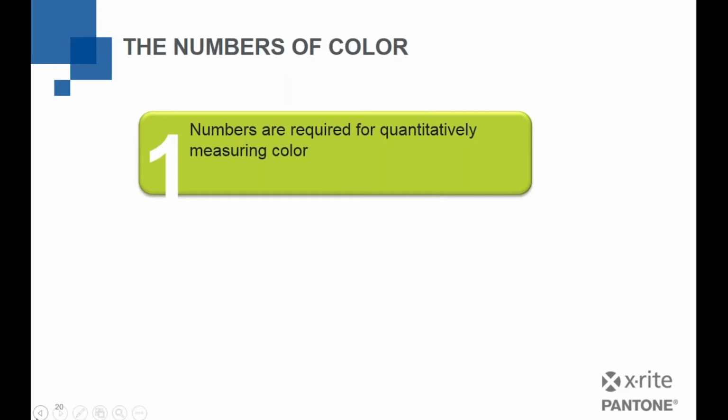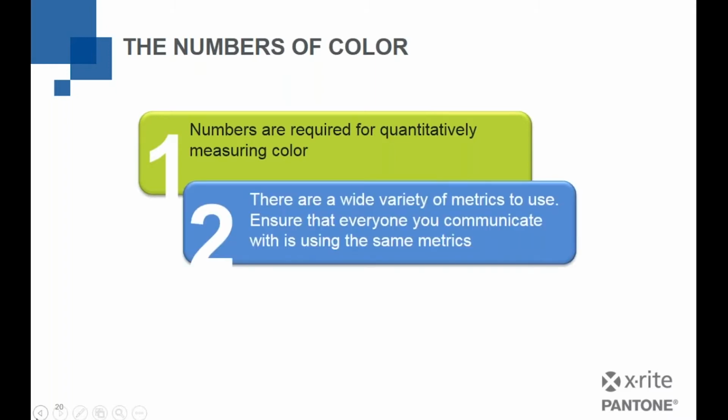We're going to generate numbers from an impartial instrument, which is going to just report what it measures, right? We also learned there's a wide variety of metrics to use, LAB and LCH and all kinds of different delta E's and all kinds of other things that we can calculate from those. So there's a lot of different metrics to use.